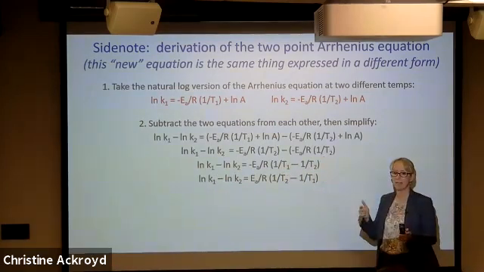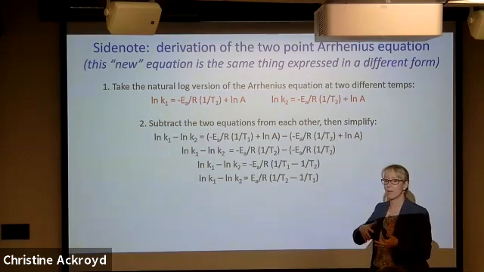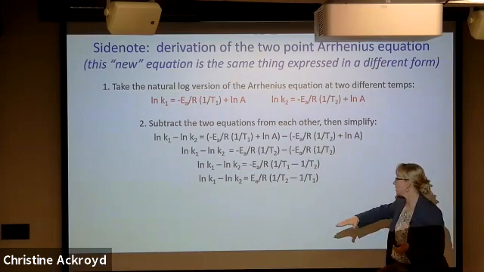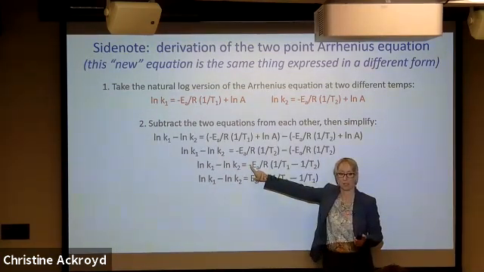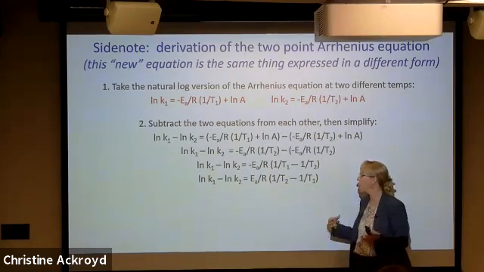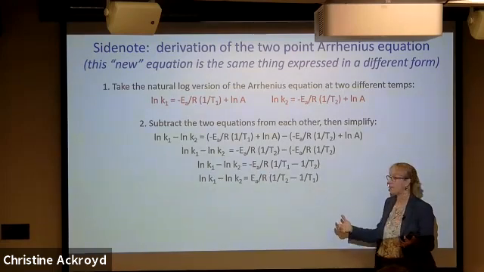Now keep in mind, one thing that kind of throws students for a loop is that when you go online or in the textbook, there are different versions of this equation. Some of them have a minus energy of activation. Some have a positive energy of activation. Both of those work just fine.